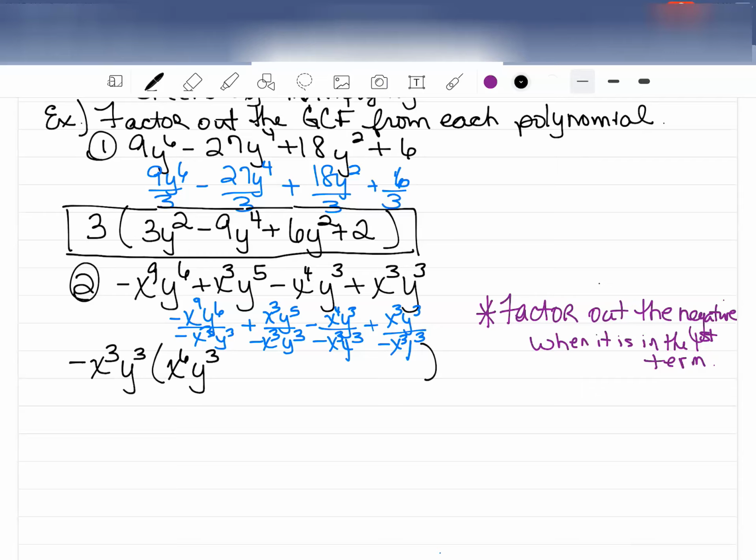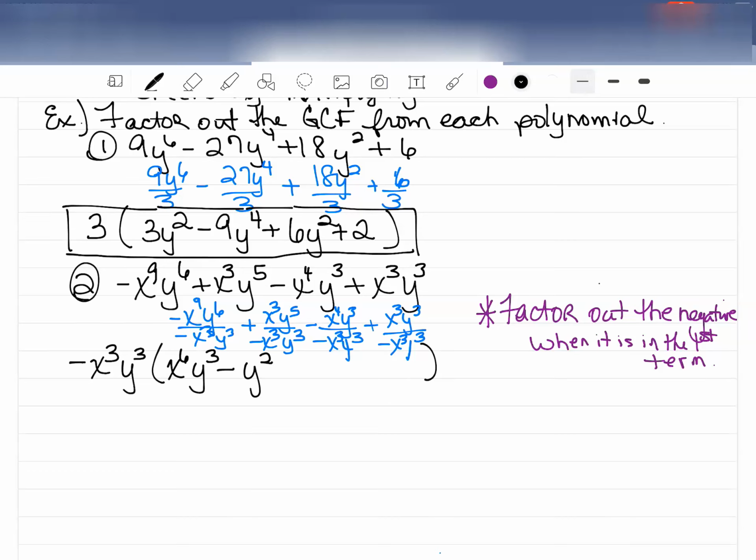Remember, when we're doing that division, we're subtracting the exponents. When I go to the second term, I have a positive divided by a negative, so it's changed to a negative. I have x cubed, same number of x's, it's gone. A y to the fifth over the y cubed, that's going to leave me with 2 y's.